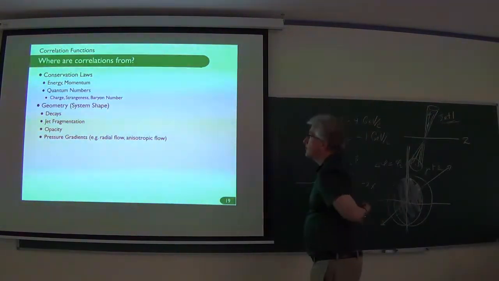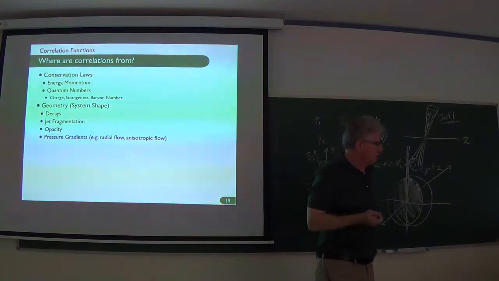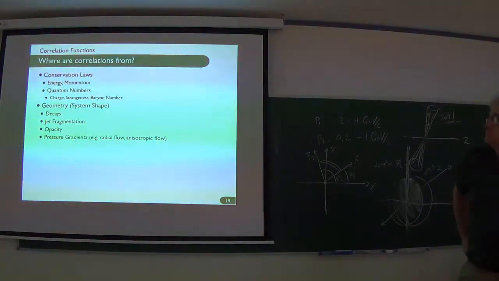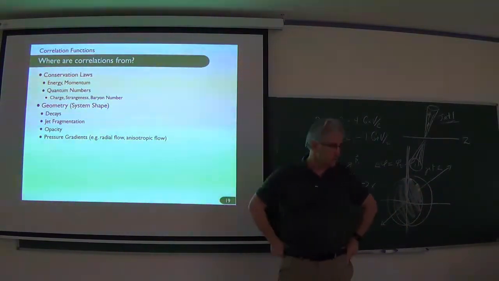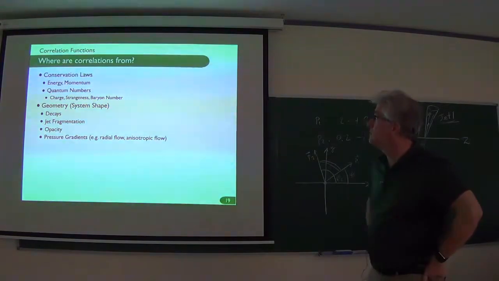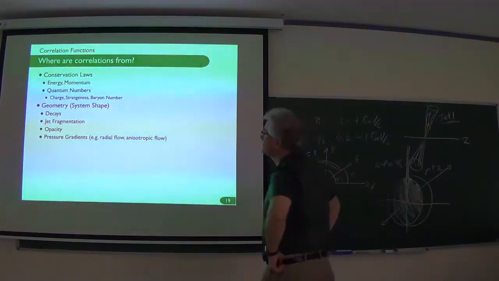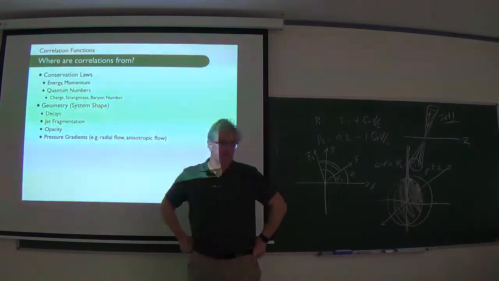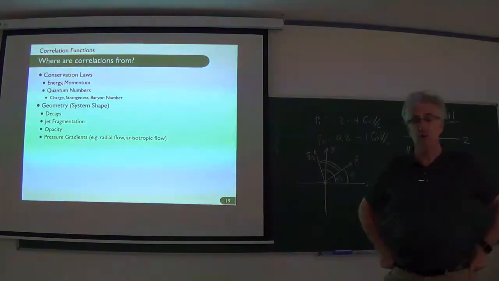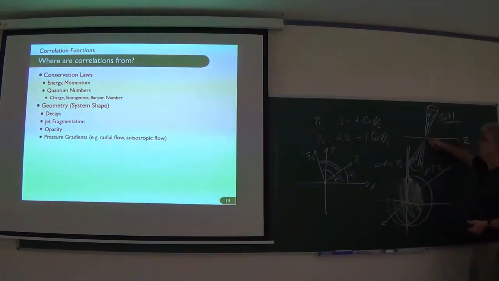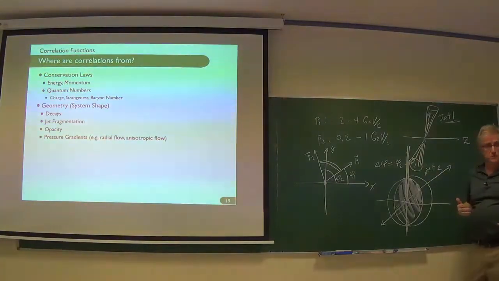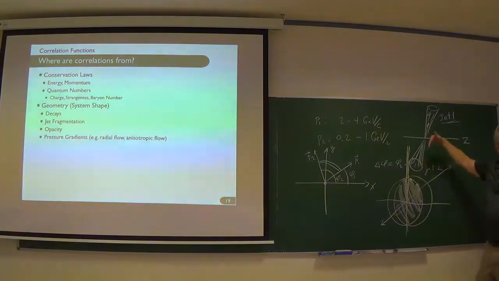Before I get to that point, I would like to stress that correlations are of interest because they are driven or influenced by two things. They are influenced by conservation laws. So if momentum is conserved, in case in point, if you're emitting one particle this way with a very large momentum away from the beam axis, there must be another particle emitted this way to compensate and to conserve the momentum.